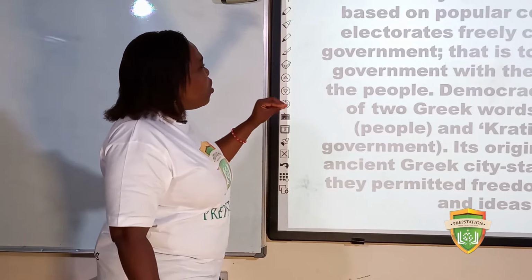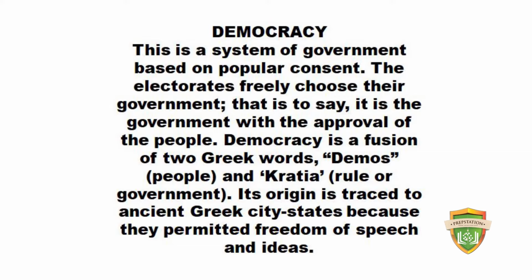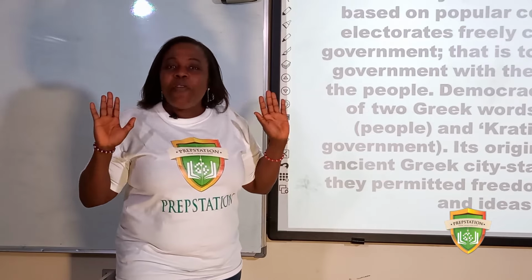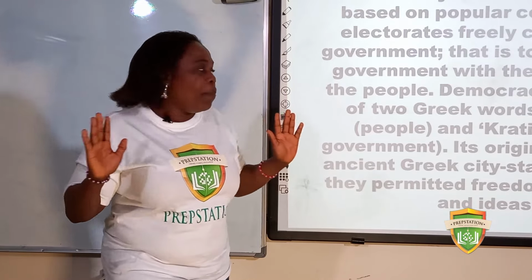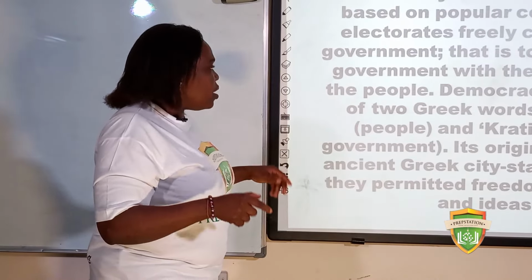So the first thing we need to know, it is a system of government based on popular consent. The electorate freely choose their government. That is to say, it is government with the approval and backing of the people. So please take note of this.